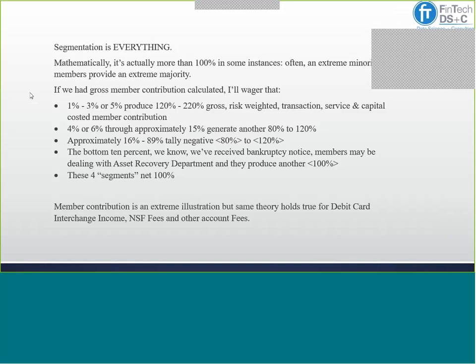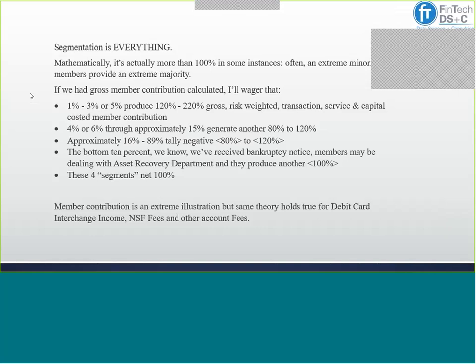Now, I would also wager that if y'all have done segmentation on your use of services and debit card interchange income, if you isolate all of your debit card holders and segment those that use their card, let's say at least one transaction per month, to consider them an active debit card user, I will wager that 15% of those that are active, not even those that have a card, but those that use at least one transaction per month, will produce 85% of your interchange income.